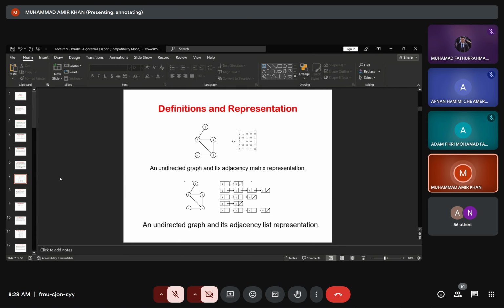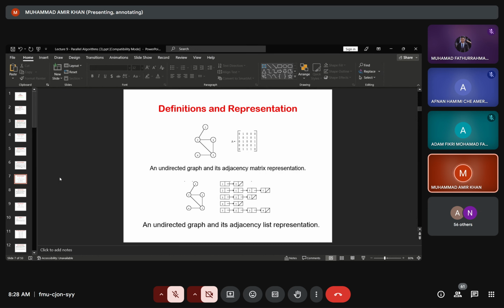Then what about two? Two is connected with 1, 3, and 5. After 5, no connection, so you have to draw a diagonal line. Node 3 is directly connected with 2 and 5. After 5, no node, so draw a diagonal line.